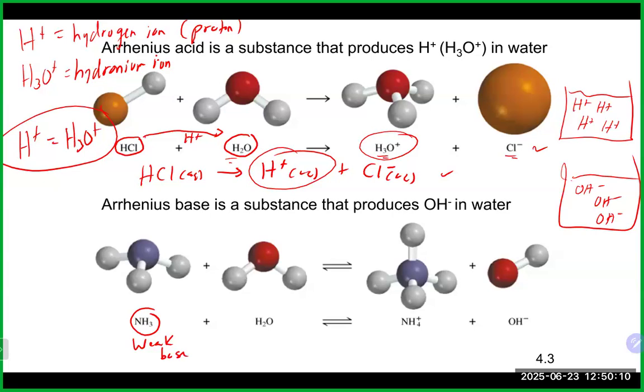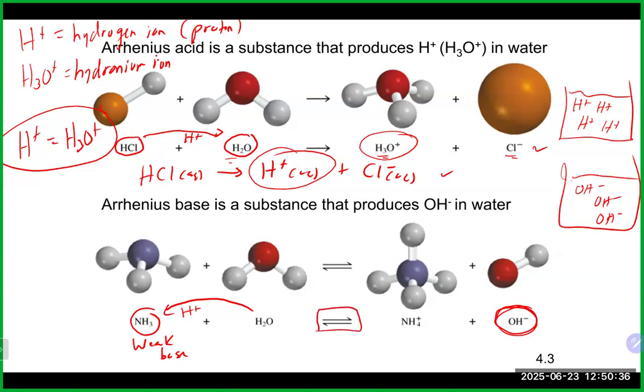Even though it's a weak base, it does not have hydroxide on it, but it can react with water to produce hydroxide. When it's in solution, it will grab an H plus off of the water. The result is it's able to produce free OH minus in solution, and that makes it a base. It is a weak base, as we'll talk a little more about in this chapter.